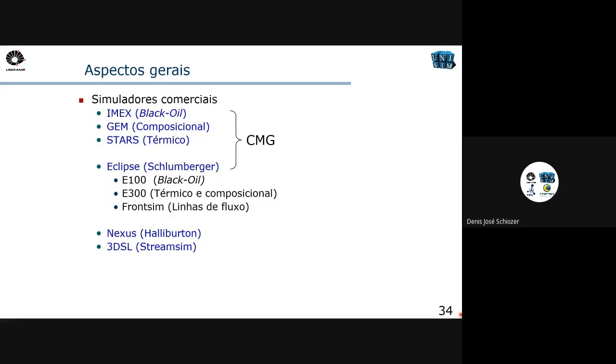what are the main things that we're going to learn in the class. The main things we're going to learn are how to use reservoir simulation models in model-based decision and forecast, how to build the models with a fidelity that we can use in these processes, and how to calibrate these models using data assimilation. And at the end of the course, we're going to learn what's inside the models and what are the main limitations of these models, in order for us to at least choose the correct model for each problem that we have.